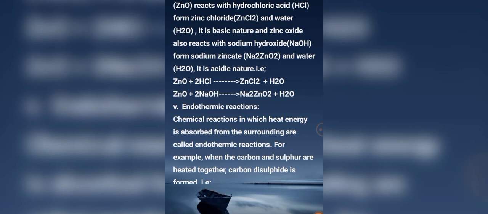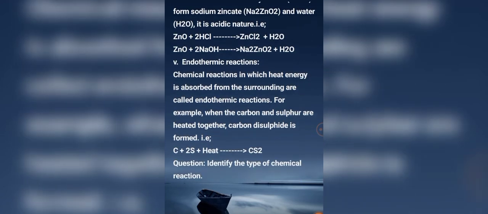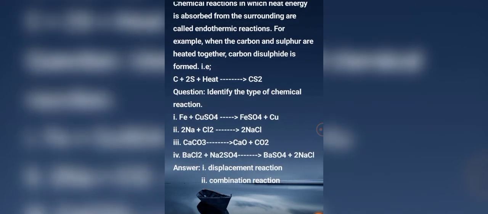Chemical reactions in which heat energy is absorbed from the surroundings are called endothermic reactions. For example, when carbon and sulfur are heated together, carbon disulfide is formed, that is C plus 2S plus heat forms CS2, the carbon disulfide.